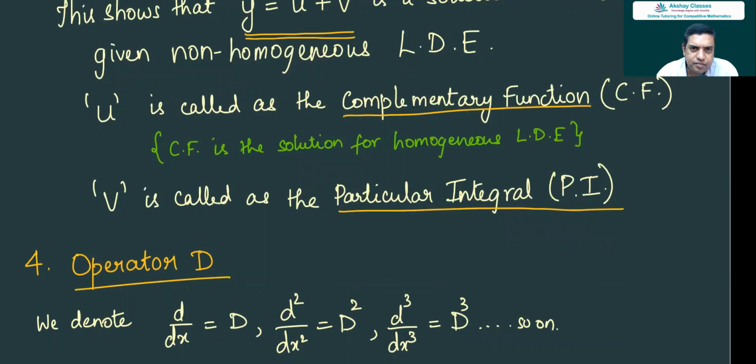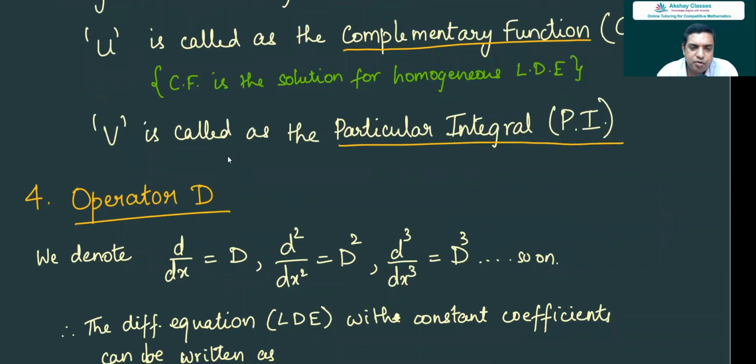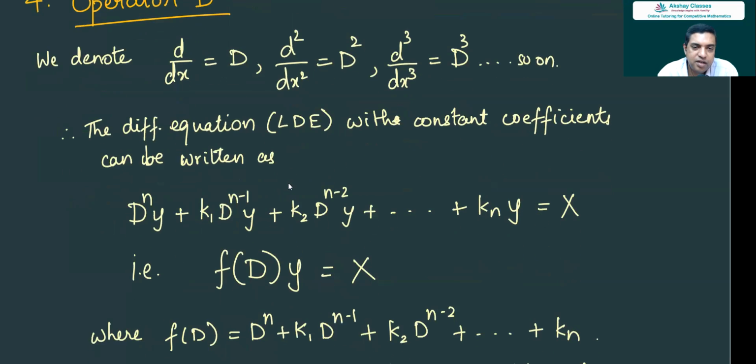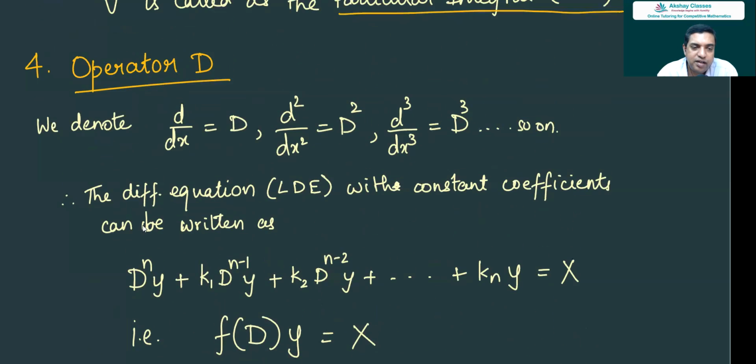And then we had discussed the operator D. The operator d by dx is D, d square by dx square is capital D square, d cube by dx cube is capital D cube, and so on. So the given differential equation can be written like this. The nth derivative of y can be written as D to the power n y. This is for ease of writing.